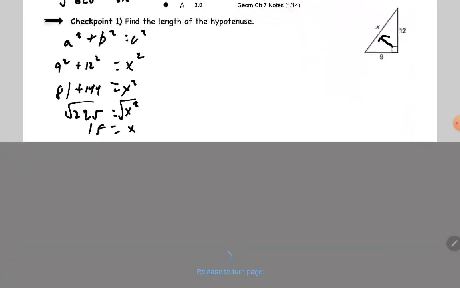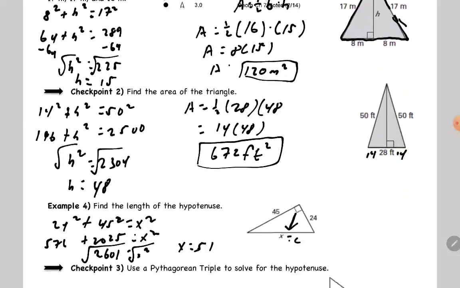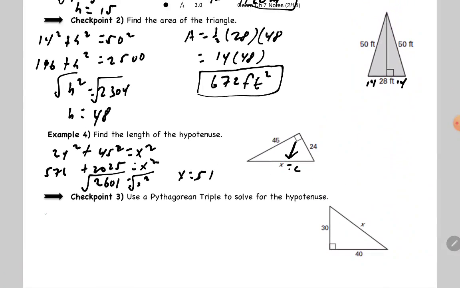In this case, 30 and 40 are multiples of 3 and 4. That means the last one is 5. So you'll probably see a lot of 3, 4, 5 triangles. So in this case, x equals 50.